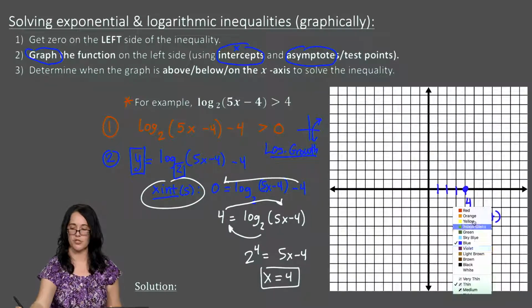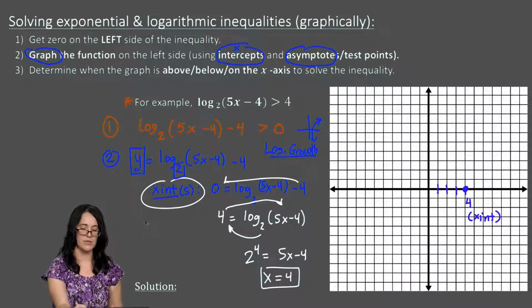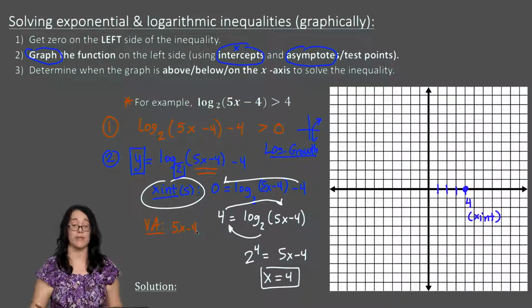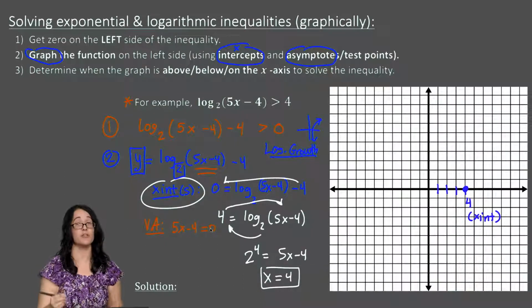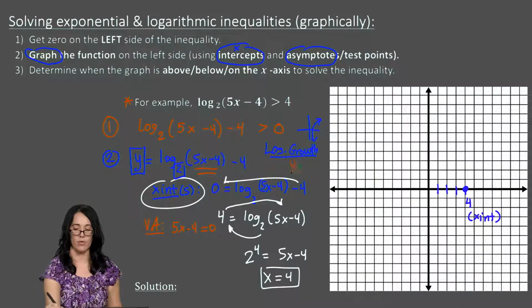Well, if your graph is shifted, to find the location of the new vertical asymptote, you simply take your argument, and the argument in this case was 5x minus 4, right? So take my argument 5x minus 4, and I would say it has to equal 0 because the original asymptote was x equals 0, which was the original argument of y equals log base 2 of x, right?